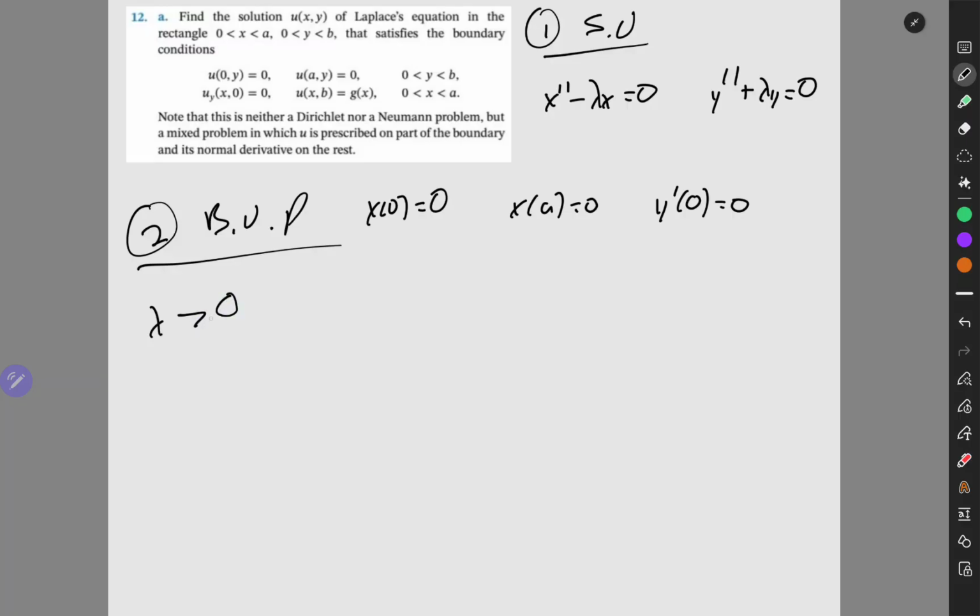Let's start with lambda greater than 0. This would be positive mu squared. If this is positive, this is positive. So we're going to be left with the case with all the e's, which I'll do really quick.